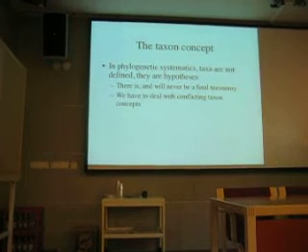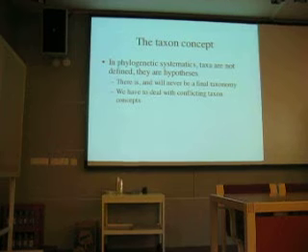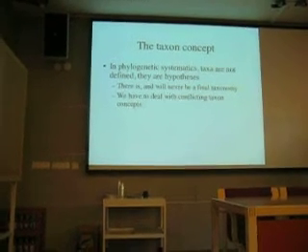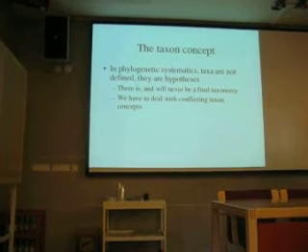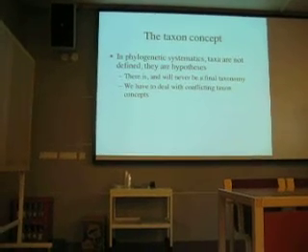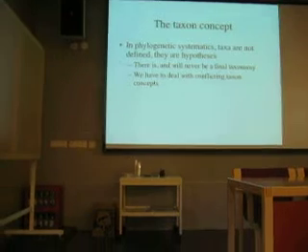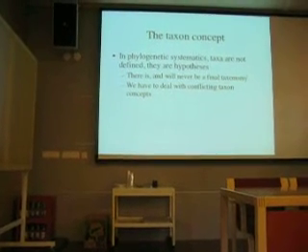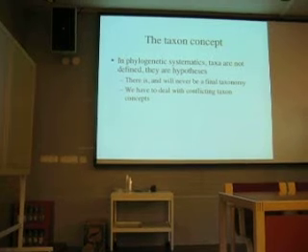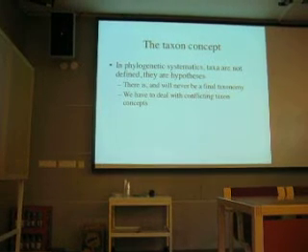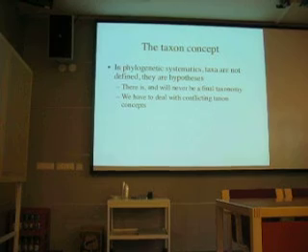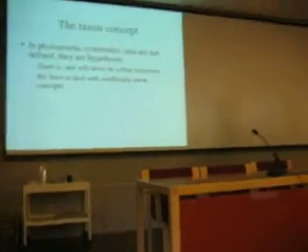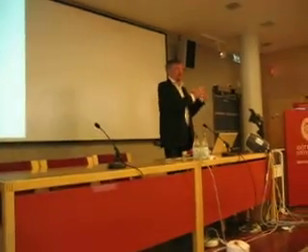We will have to live with conflicting taxon concepts and different classifications, regardless of what people will tell you. That will be the case if we don't reduce taxonomy or classification to what the word actually literally means, that is defining taxa based on some characters.